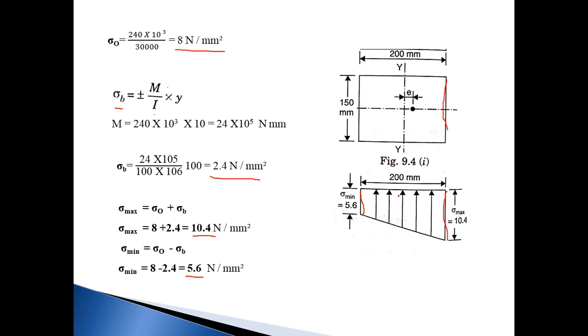Positive means compression, so compressive stresses are plotted on the bottom of the baseline. So join this section. This is the stress distribution diagram. Now below the baseline is the compressive stress, meaning the total stress, sigma max and sigma minimum, both are compressive in nature. So it becomes totally compressive.